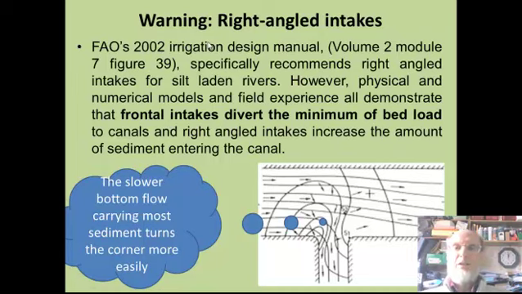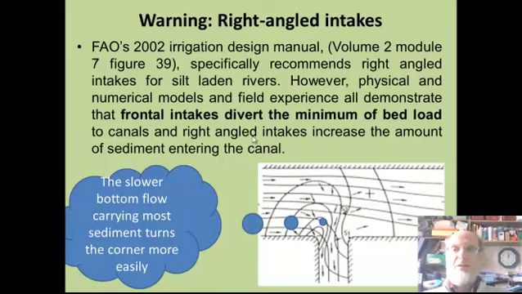Here I've got a warning about right-angled intakes, because the FAO's 2002 Irrigation Design Manual recommends right-angled intakes for sediment-laden rivers. However, physical and numerical models and field experience all demonstrate that frontal intakes, i.e. those with small diversion angles, will divert the minimum of bed sediment into the canals.